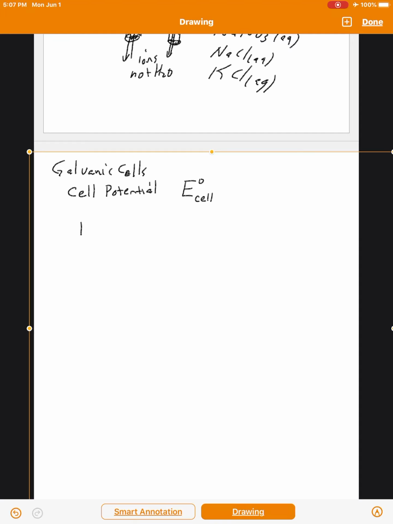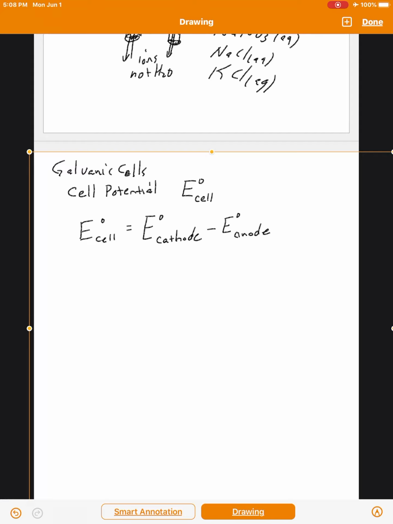The cell potential is equal to the standard reduction potential of the cathode minus the standard reduction potential of the anode. Okay? That's essentially the idea there.